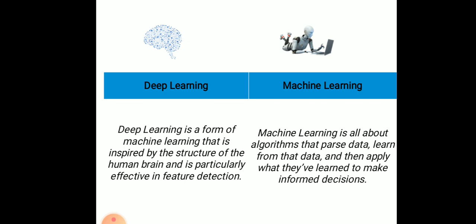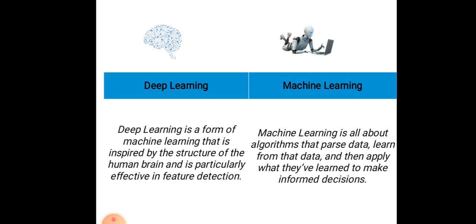It is particularly effective in feature detection. What does feature detection mean? Suppose you have an image with various objects, and out of them you need to identify a particular object's image.